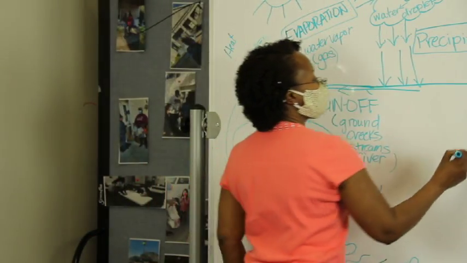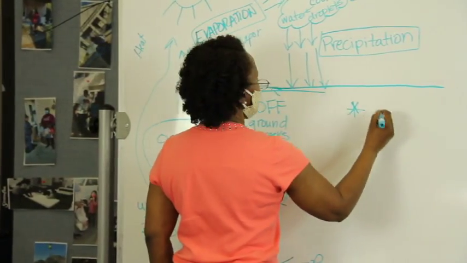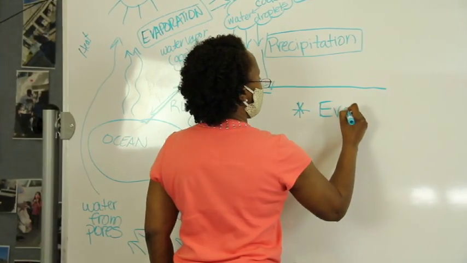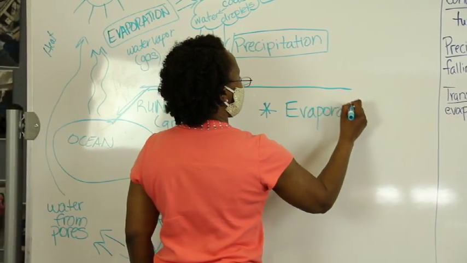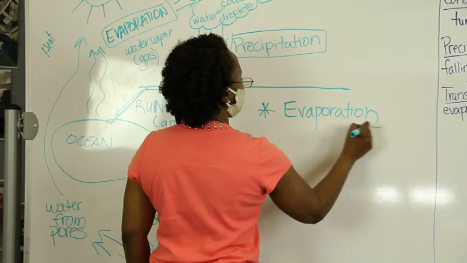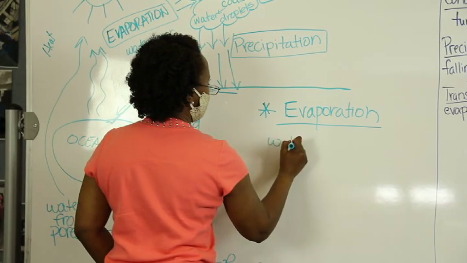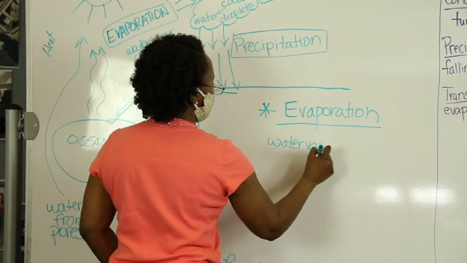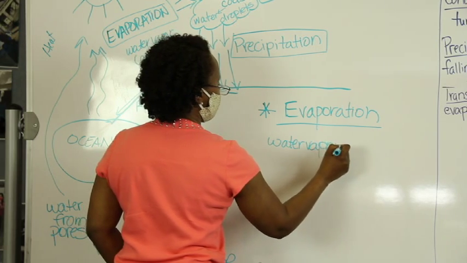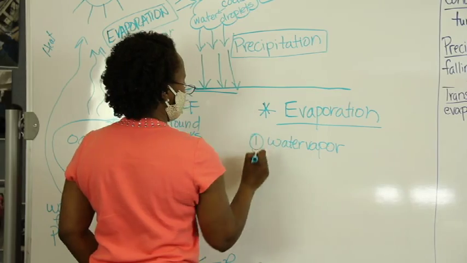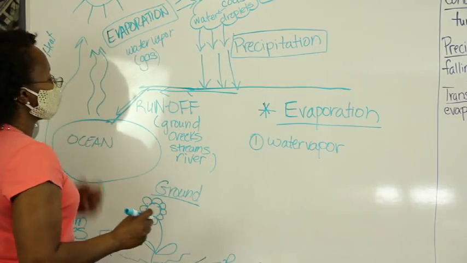So one other thing that we need to talk about is when you have evaporation, the water vapor is not the only option. That's one of the options, going up into the clouds.